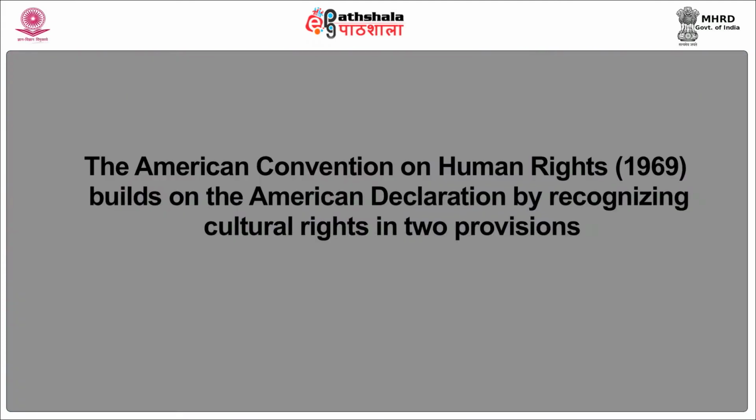The American Convention on Human Rights of 1969 builds on the American Declaration by recognizing cultural rights in two provisions. Article 16 of the Convention provides for freedom of association, which includes the right to associate freely for ideological, religious, political, economic, labor, social, cultural, sports, or other purposes.